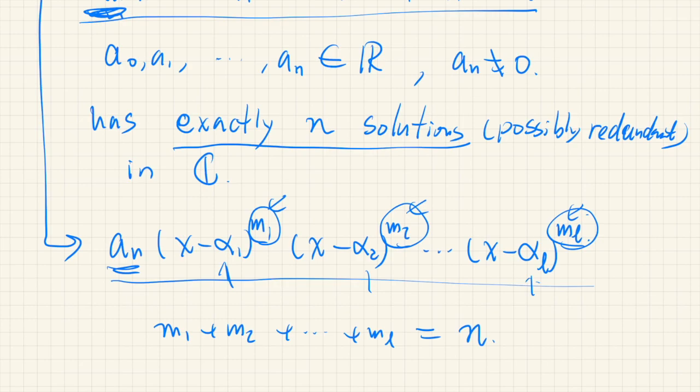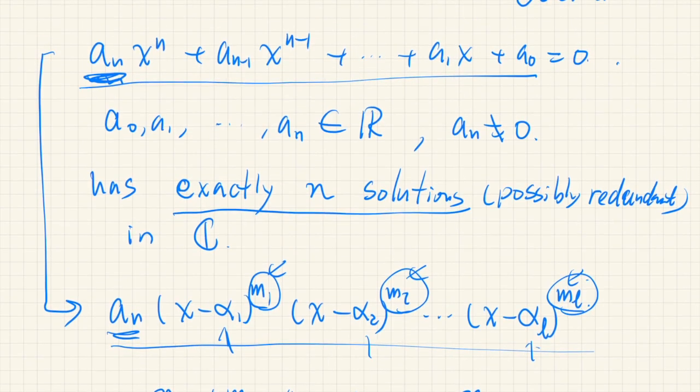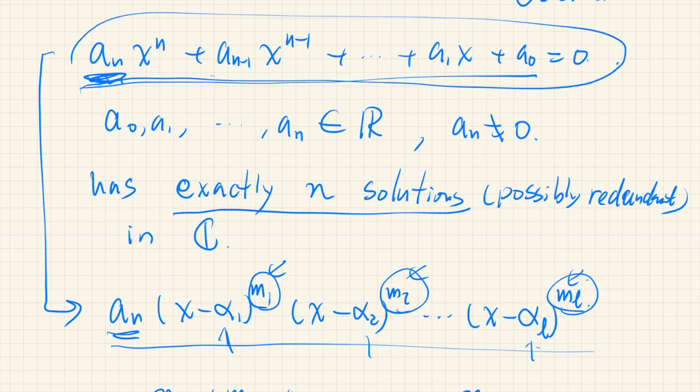We do not prove this theorem here, but all you need to know at this point is that it is always possible to factorize any polynomial of real coefficients in this form. Actually, the coefficients can be complex numbers and this theorem still holds, but that's not the case we are interested in here. We only consider real coefficients.